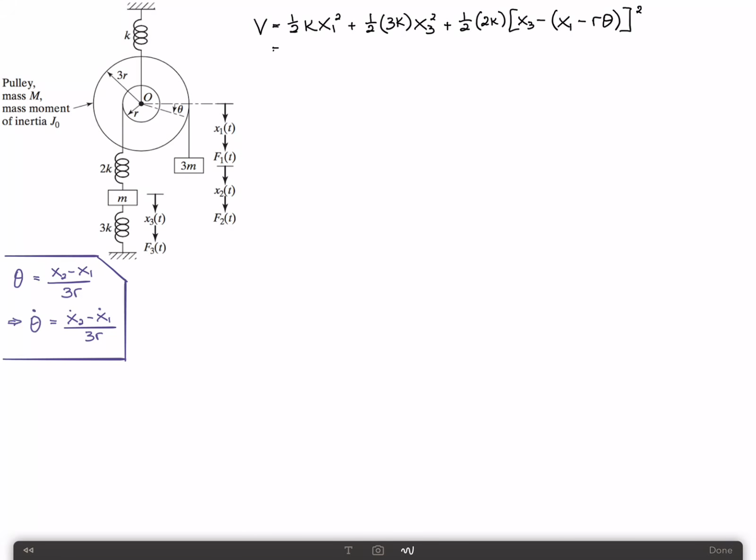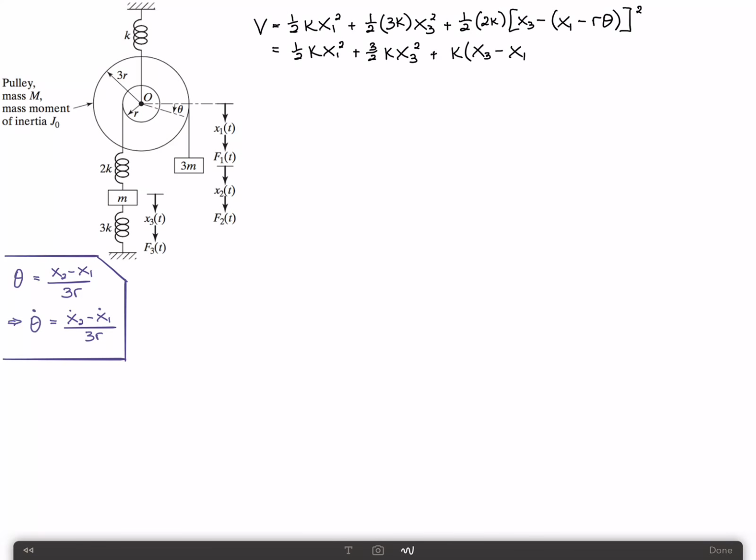So that can be rewritten as 1/2 k x1 squared plus 3/2 k times x3 squared plus, the 2's cancel, k times (x3 minus x1 plus r theta), I should say, squared.